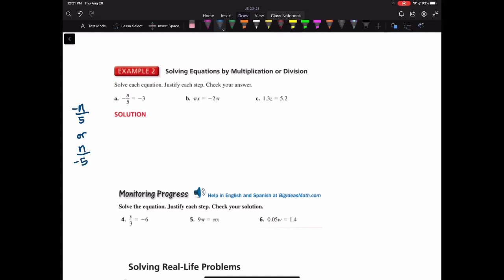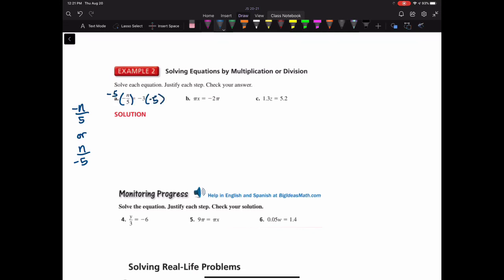I personally would treat the n as a positive because in the end, I want my n, my variable, to be positive. So when I'm doing this, I'm going to multiply because I want to use the inverse operation of division, multiplication. I'm going to multiply by negative 5 on both sides.